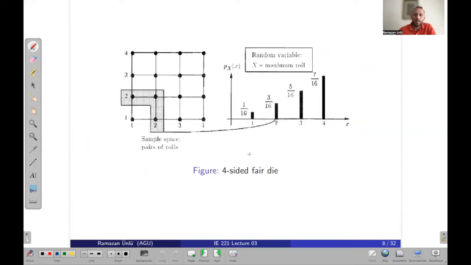So let's look at another example and how we calculate the PMF. Let's say I have a four-sided die, and I'm going to roll it 2 times.